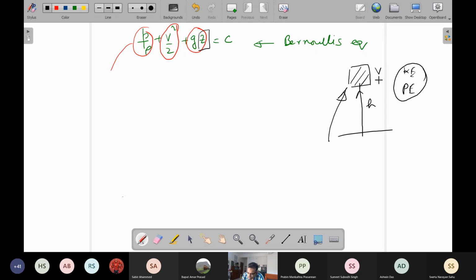So this is the energy that is possessed by the block. Similarly, is this the energy possessed by an element of fluid? Is that what we are talking about? We are not actually talking about that. Here, it is not the energy possessed that we are talking about, but the energy transferred.